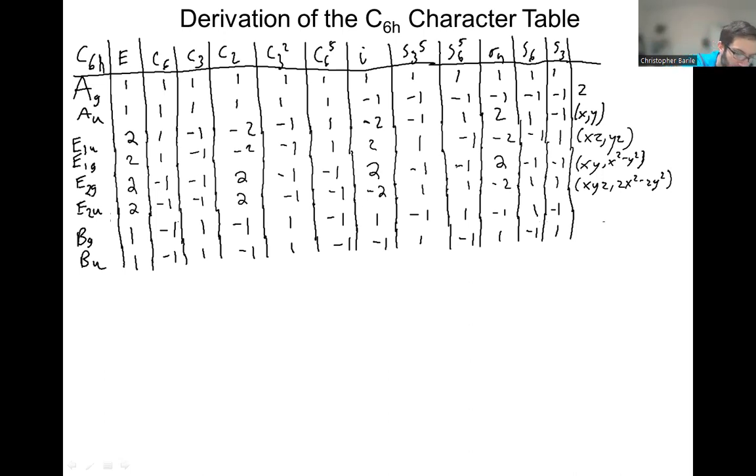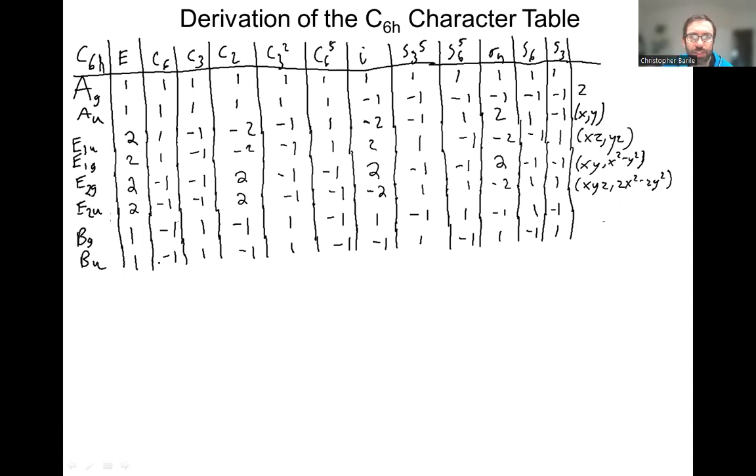So the way we're going to fix this problem, and the origin of this problem, is that the irreducible representations here aren't actually irreducible. They're what we might call pseudo irreducible representations. They're technically reducible, and they can be reduced into complex functions.